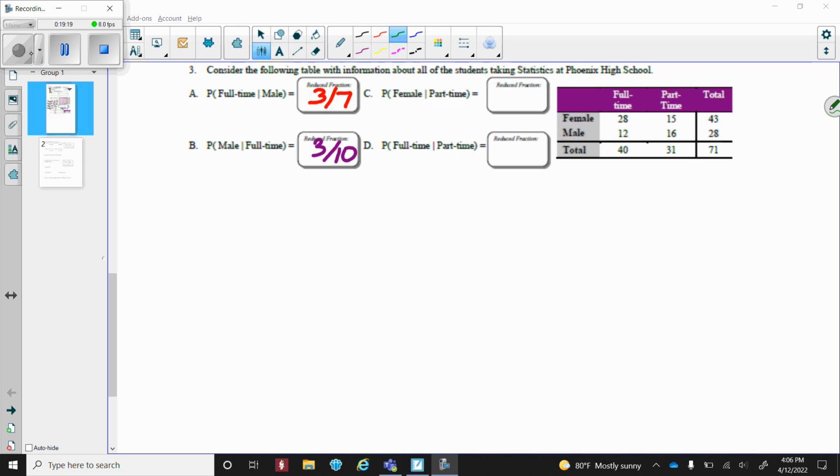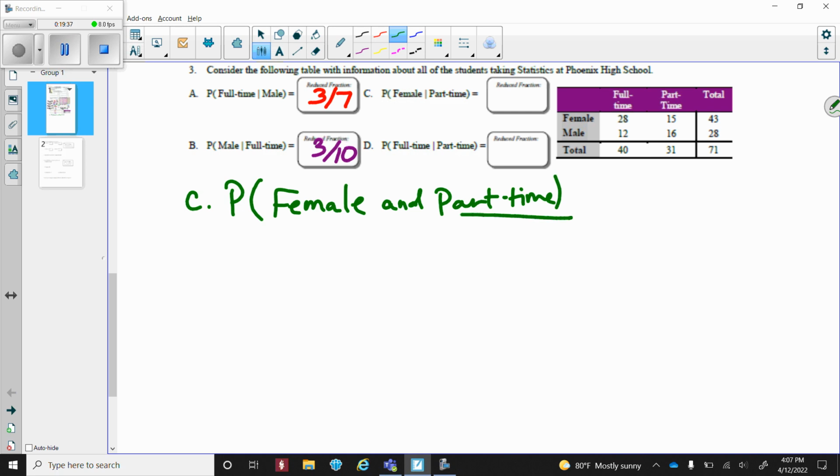Now let's go on to part C. We have the probability that someone is female given that they're part-time. So let's rewrite this. The probability that someone is female and part-time divided by the probability that someone is part-time.